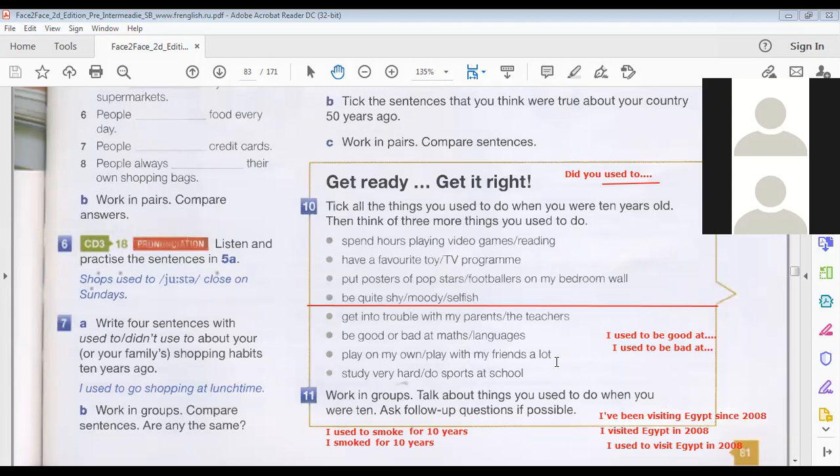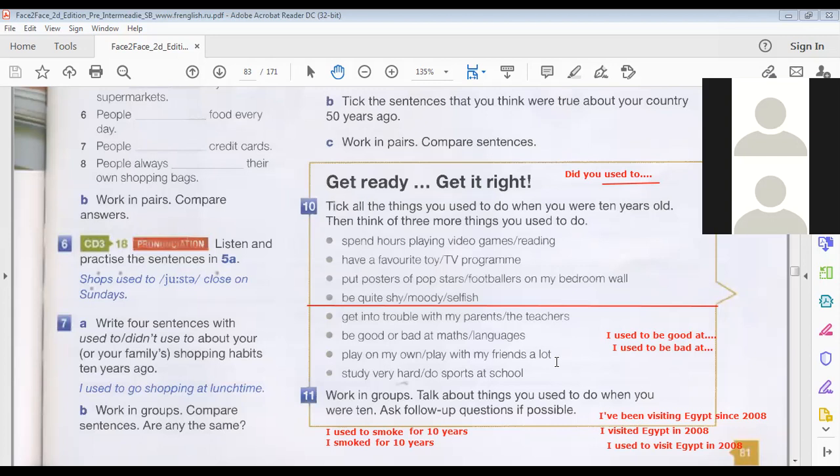It means you started visiting Egypt for the first time in 2008, and you're still visiting it until today. Of course, we don't know how many times, or if it's once a year, twice a year, once every 2 years. All we know is it's repeated, and it's going on from 2008 until today.